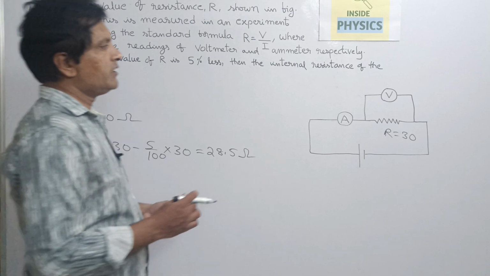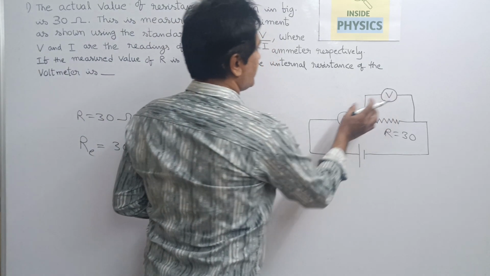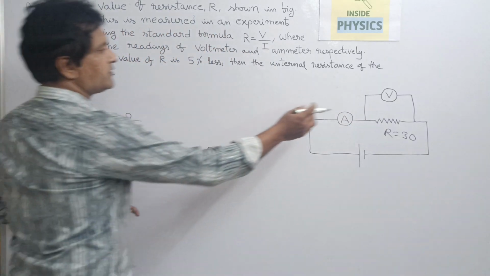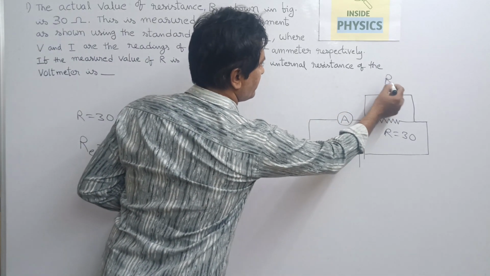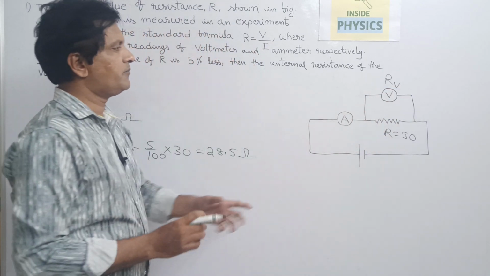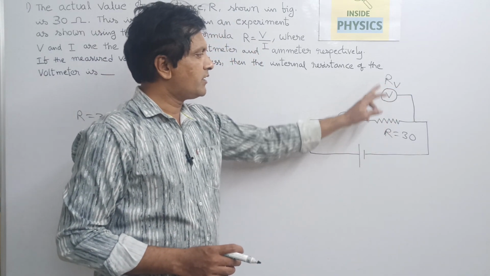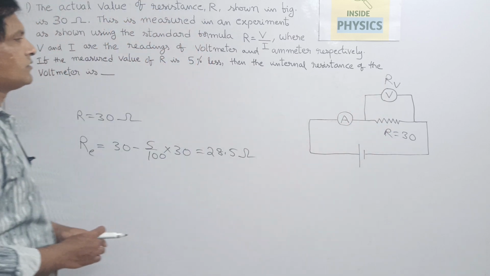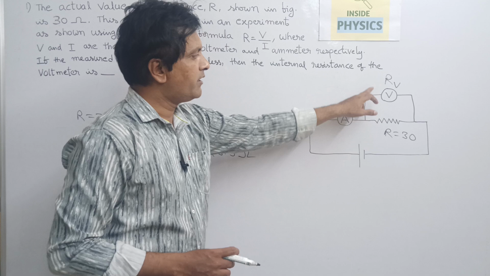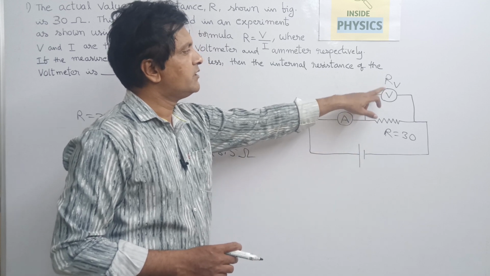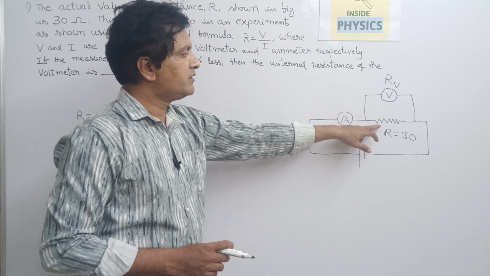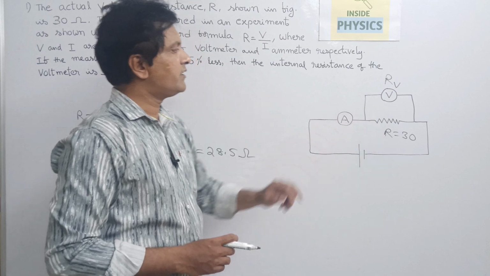So here, what is the internal resistance of the voltmeter? That is the question. If this is the internal resistance RV of the voltmeter, if you observe this diagram, this and this are connected in parallel. So the resultant of these two parallel connected resistances, RV is the internal resistance of the voltmeter and this is the actual given resistor.